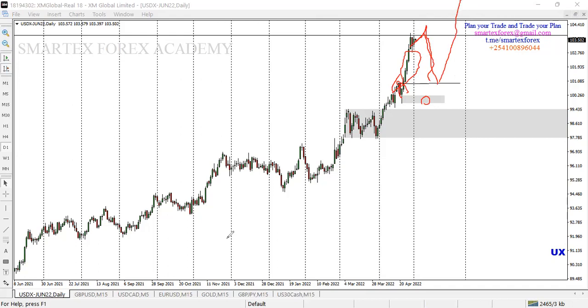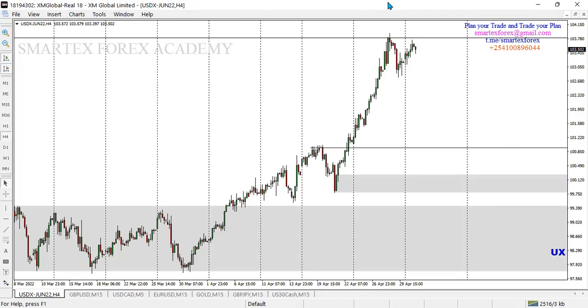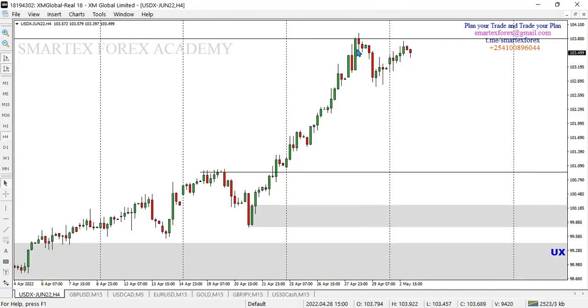And then if we look at the 4-hour time frame, see the high has been raided, and on this 4-hour time frame our range is from this high to this one.